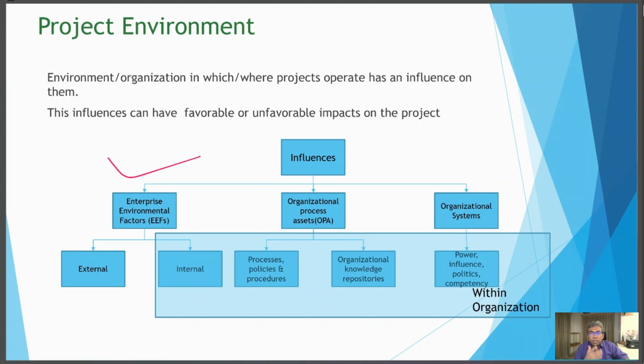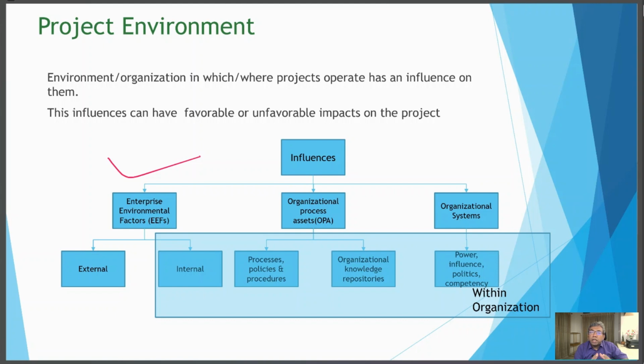Remember one thing: a project manager is required to solve problems every day in his daily life. That's why a project manager should have a very good understanding of his own project environment so that he can influence other people for the sake of project activities. These three types of project environment we will go through in more detail in later sections.